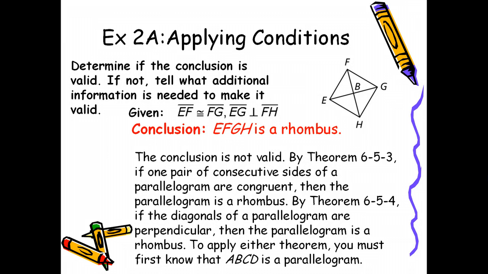The conclusion, however, is not valid. By theorem 6.5.3, if a pair of consecutive sides of a parallelogram are congruent, the parallelogram is a rhombus. And 6.5.4 says perpendicular diagonals of a parallelogram would make it a rhombus, but we don't know if EFGH is a parallelogram first.